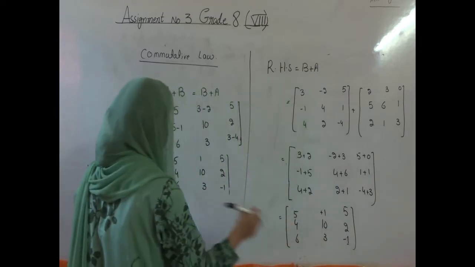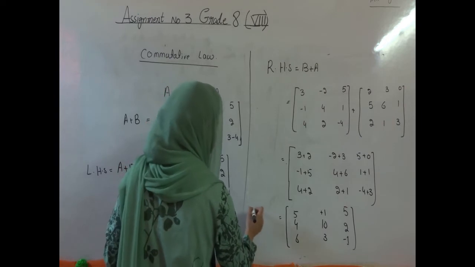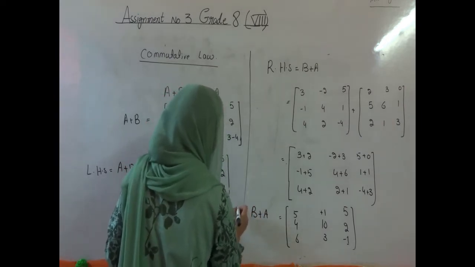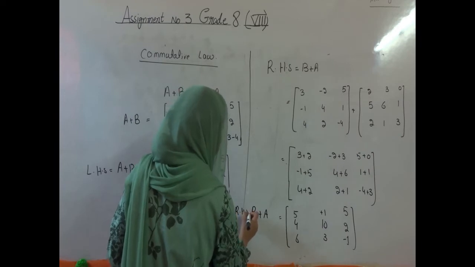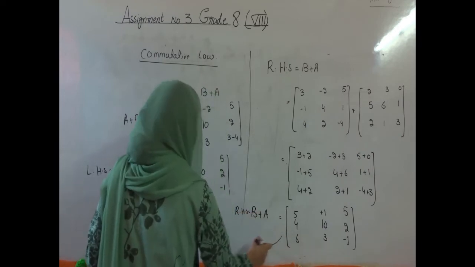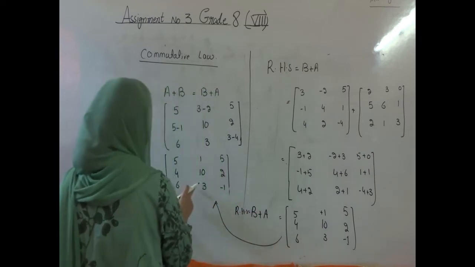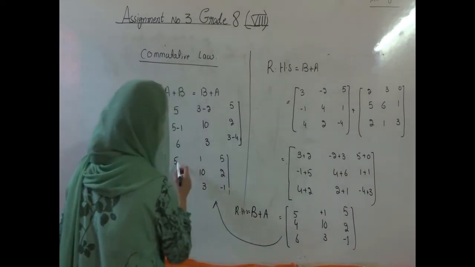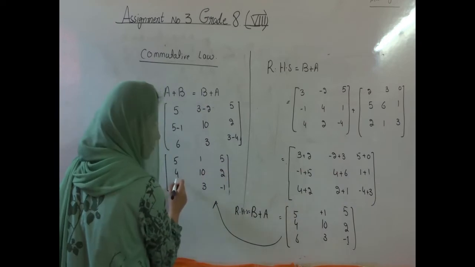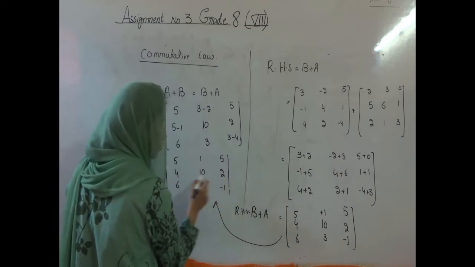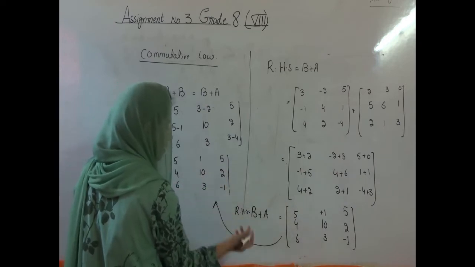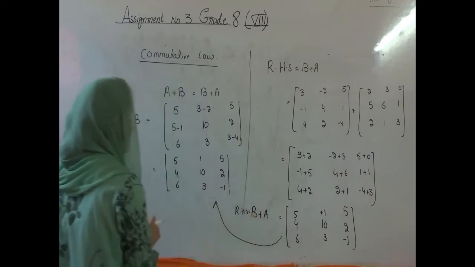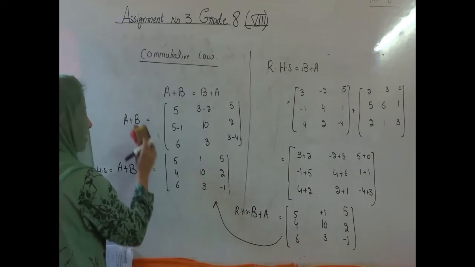Okay, this is B plus A, it means the right hand side. Now look at these two matrices. This one is the left hand side and this one is the right hand side. So 5, 1, 5, 4, 10, 2, 6, 3, minus 1. It proves that the left hand side is equal to the right hand side, and this is the commutative law.